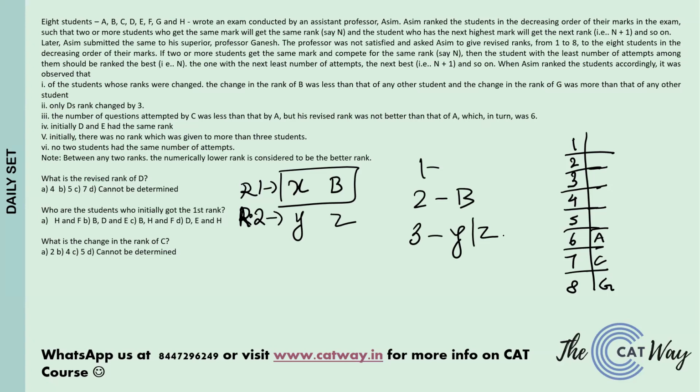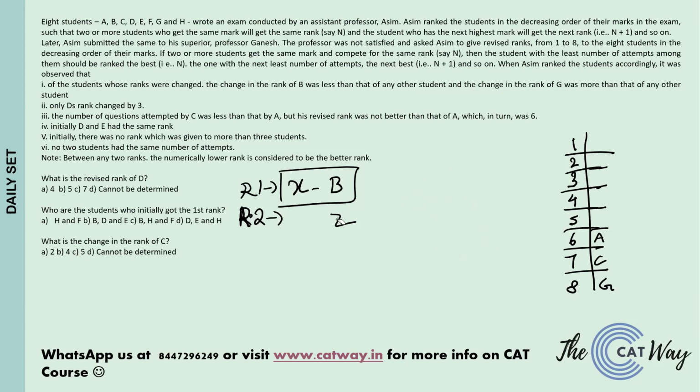But we also know that B was the only person who had the minimum, least change in the revised rank. So if B along with one other person has got the same rank, then for one of the people who had an initial rank just below B, the change in the rank will be 1, equal to that of B. Now that is not possible.